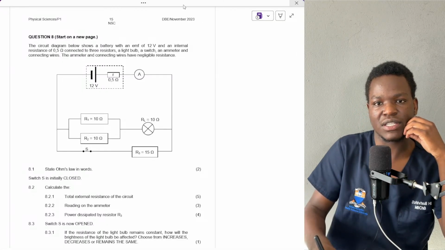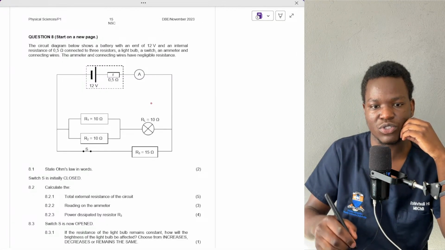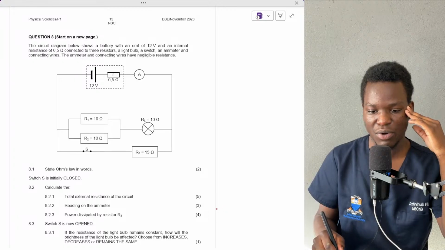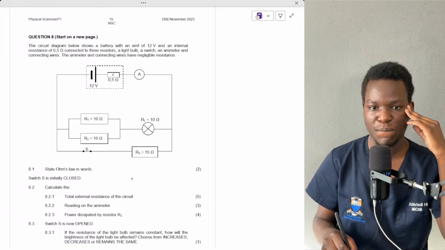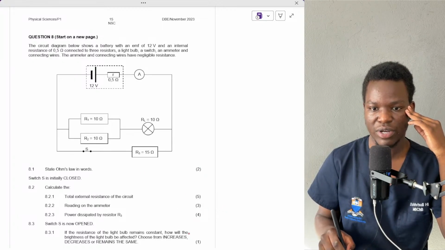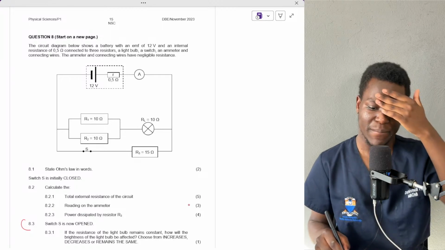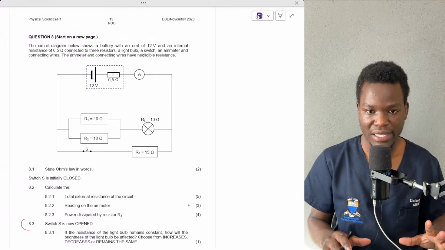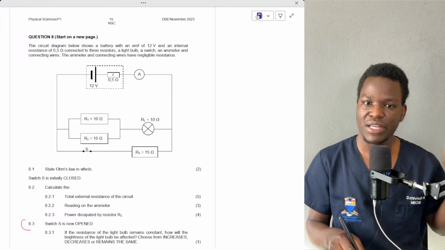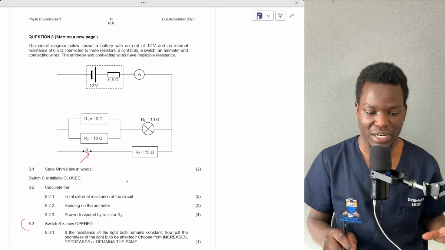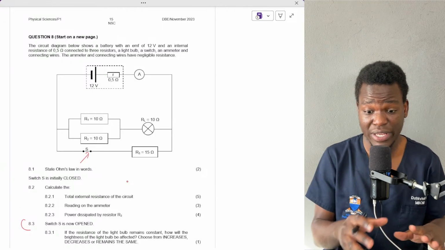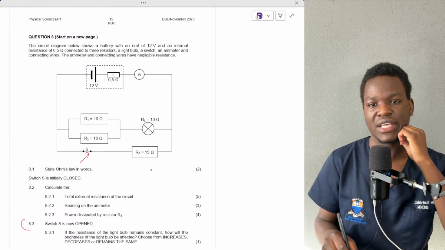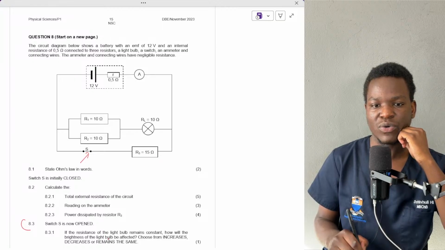The question that we are going to focus on and highlight more is this question here, which is 8.3. It says that switch S is opened. This is the switch S which is opened. Then it also asks what will happen to the brightness of this bulb.